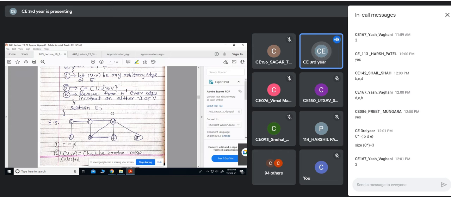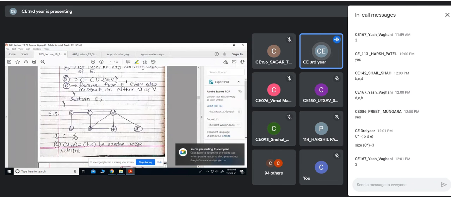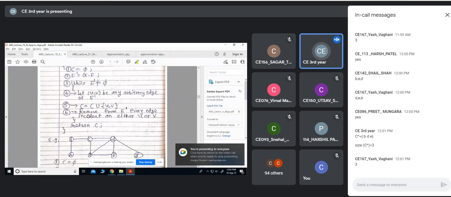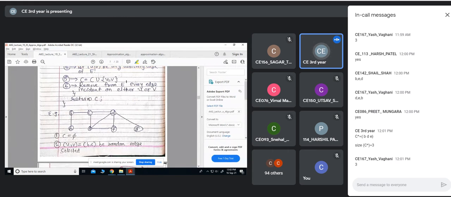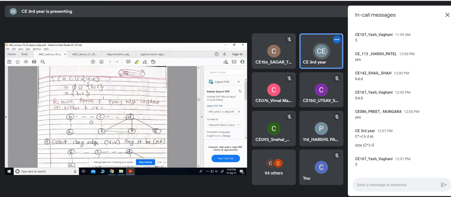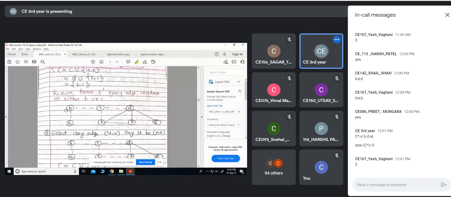So what I will do, C is equal to the empty set. Let us take this algorithm and take any arbitrary edge. Let me take BC. Which edges should I delete? If I take BC, I should delete AB, EC, and CD. So once I take BC, I should remove from the graph every edge incident on them.